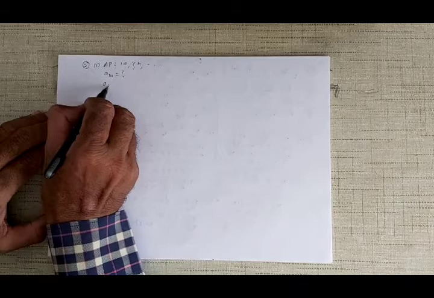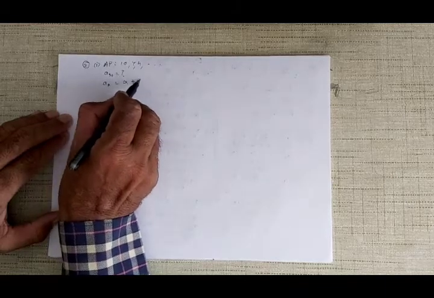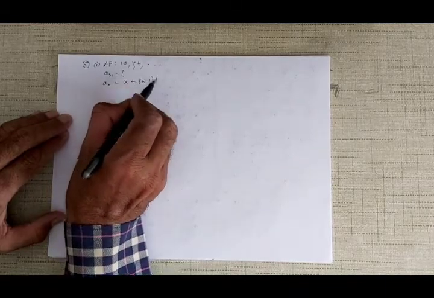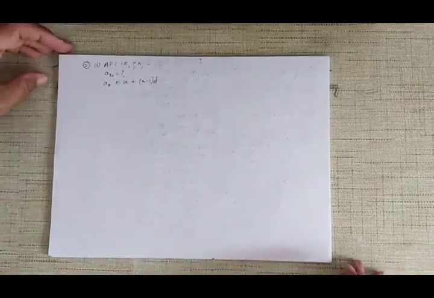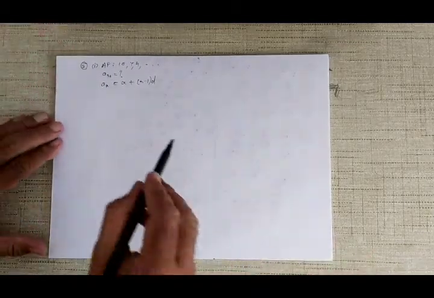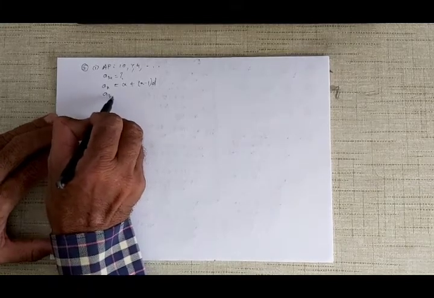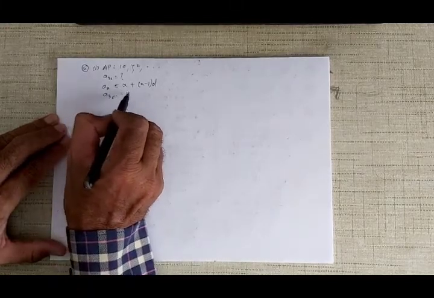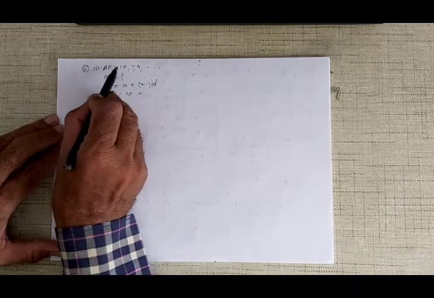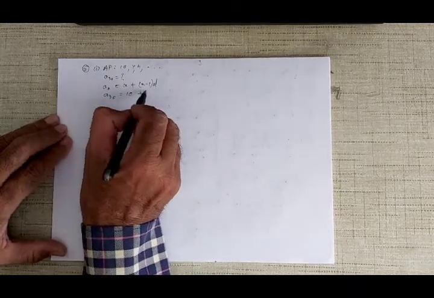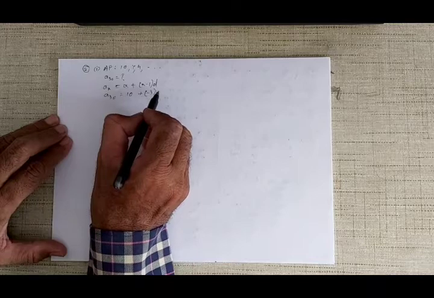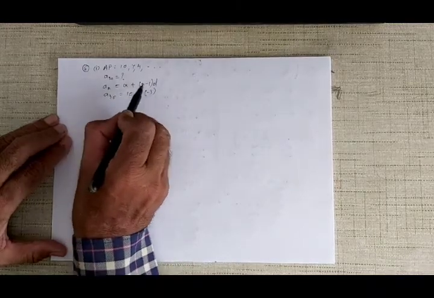Again, we apply the same formula, A plus N minus 1 D. Now you can see if you write the formula every time how easy it becomes to learn. A of 30 is equal to A, the first term, which is 10, plus D, which is 7 minus 10, that is minus 3, into N minus 1.